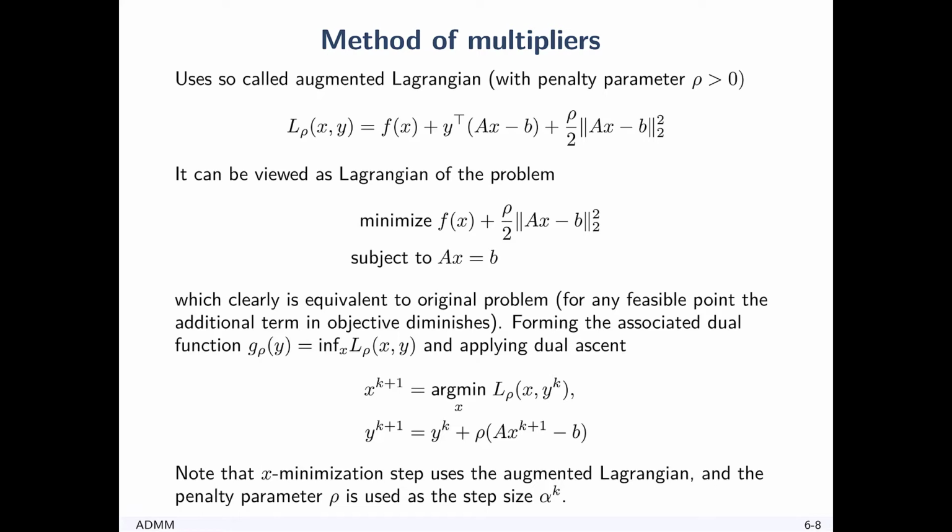In the method of multipliers, we form a special type of Lagrangian, and it's called the augmented Lagrangian. We augment it with a penalty term, a quadratic penalty term, and it is exactly the same form of the residual that we had before.